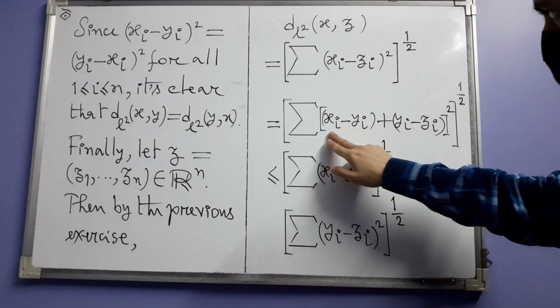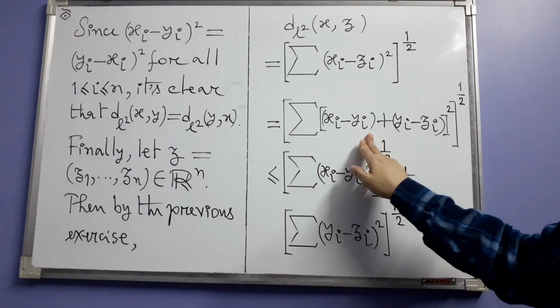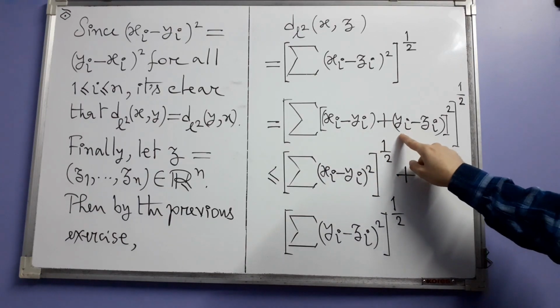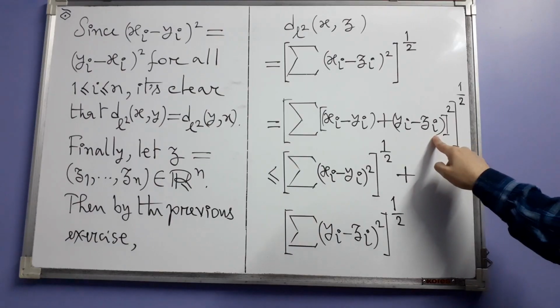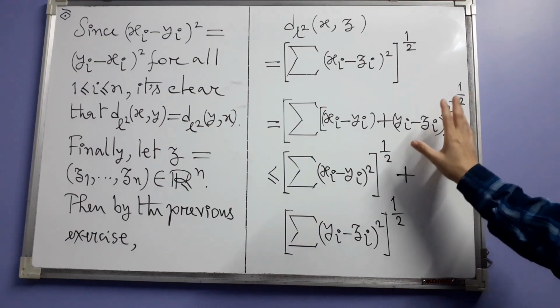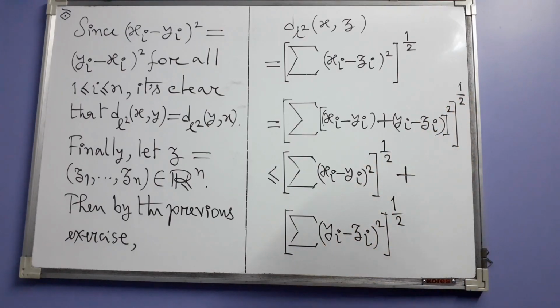That ai now is xi minus yi, and in place of bi we have yi minus zi. So that is why we have this.